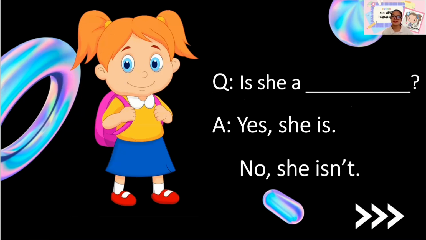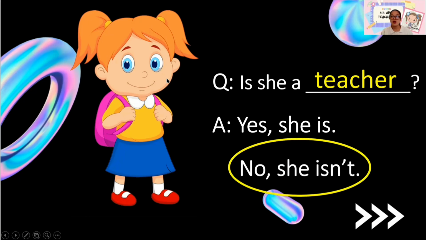Well, the question of Teacher JV is, is she a teacher? What do you think? Is she a teacher? Who do you think she is? What will be the answer? Perfect. No, she isn't. Based from the picture, this young girl is wearing her school uniform.